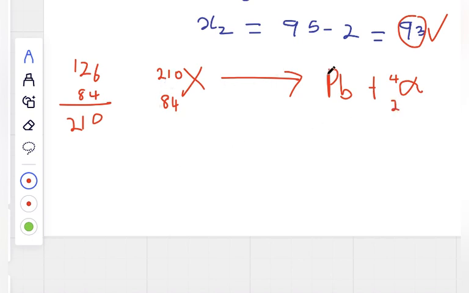So here we can begin to find what is here. This is always minus 2. 84 minus 2, you get 82. So let's change the color. We get here to be 82. And then to find what is here, we're going to say 210 minus 4. 210 minus 4 will be 206. So here will be 206.